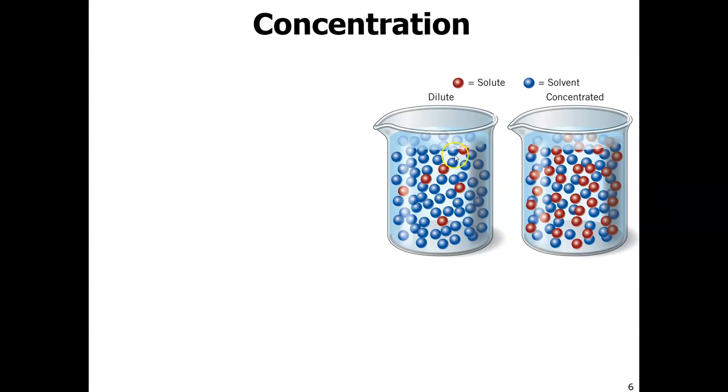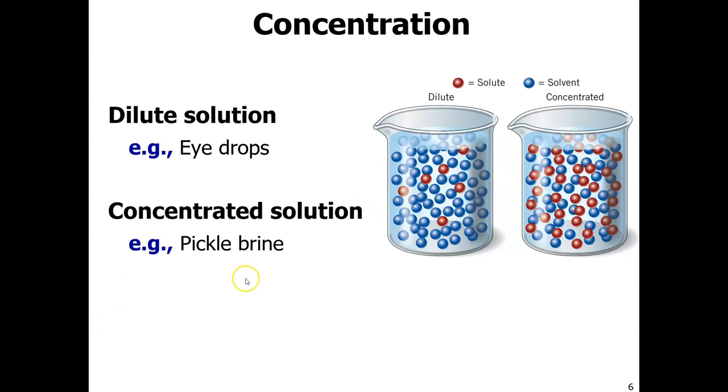If we're just looking at the density of the solute in the left beaker versus the right beaker, the density of the solute is more dense in the right than the left. Obviously, the overall density is not going to change that much because we also have to consider the density of the solvent as well. But when we're looking at these in the future, it's a similar idea.